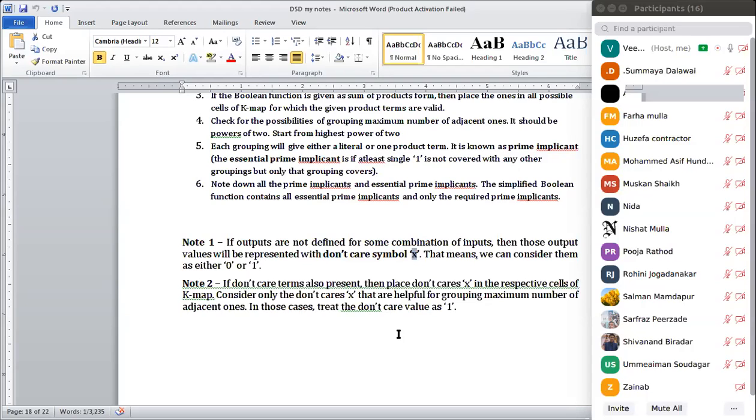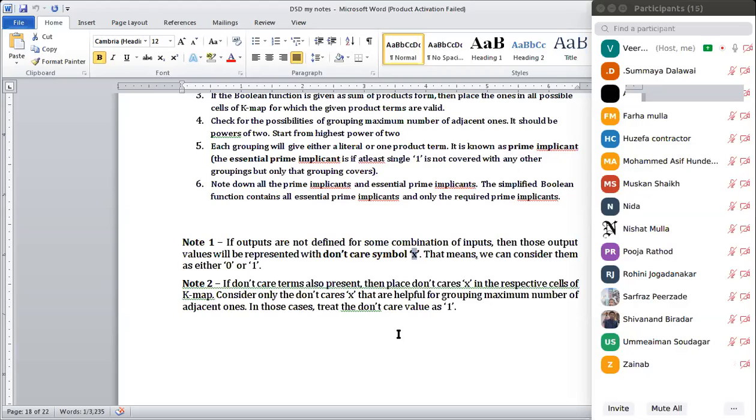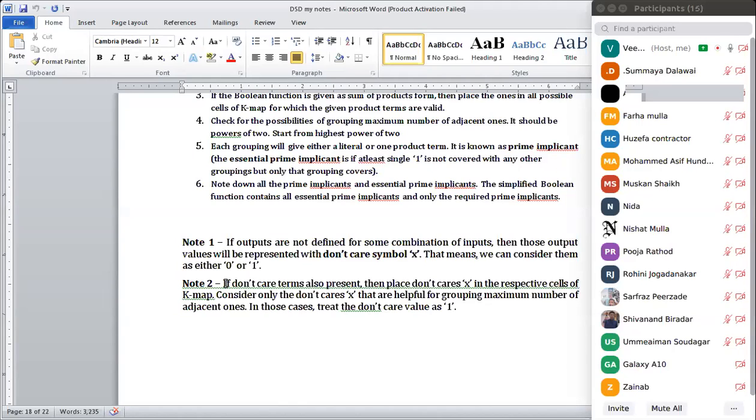We have to mention it as X. Whenever a don't care term is present, this don't care X is placed in the respective cell.